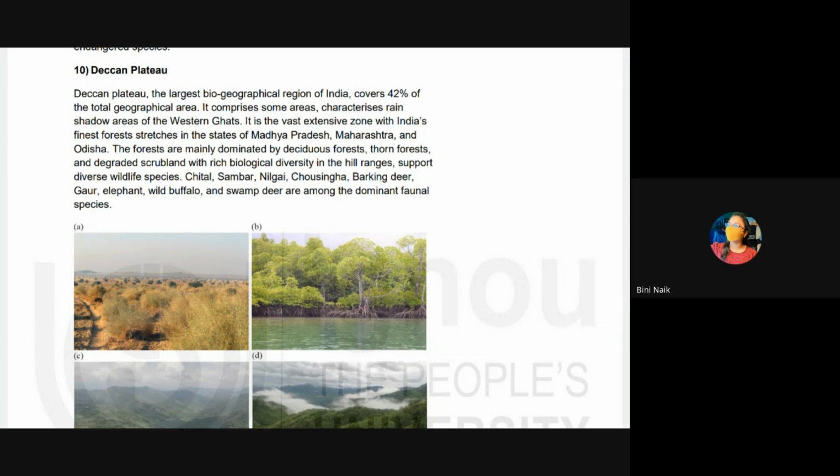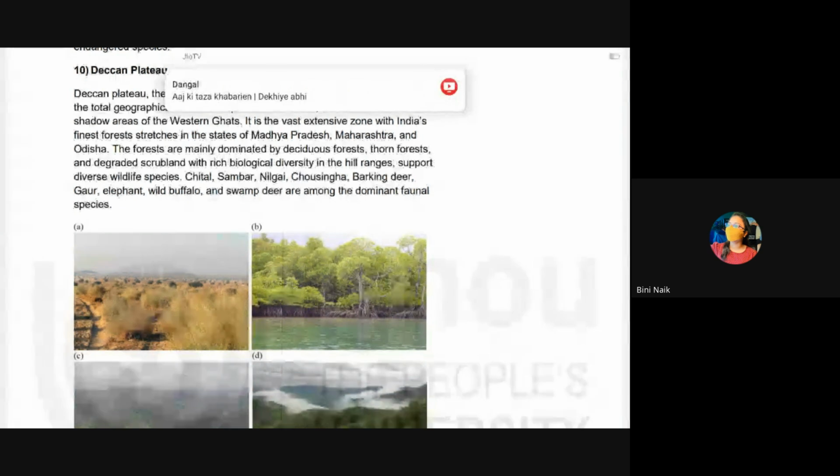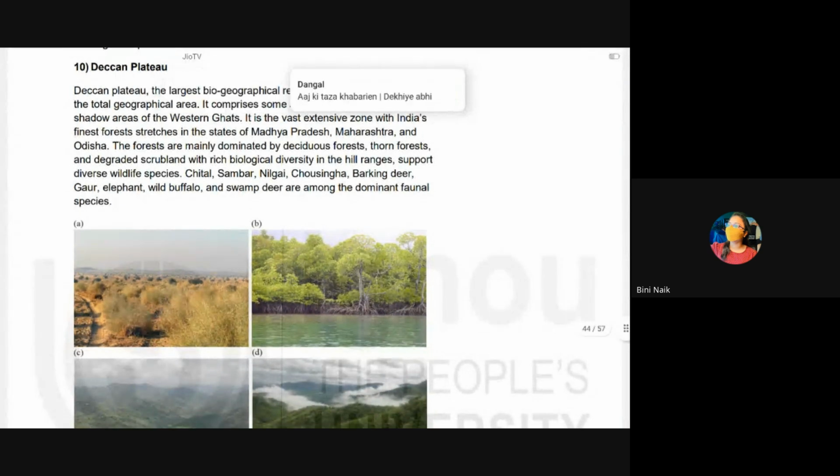Okay, so you know about the Vindhyan and Satpura range in the middle, and between that only the Narmada River is flowing towards the Arabian Sea, and towards the south of the Vindhyan range, you'll be seeing the Deccan Plateau region. Now, this is basically a volcanic origin region, and that is why black soil is predominantly found in this region.